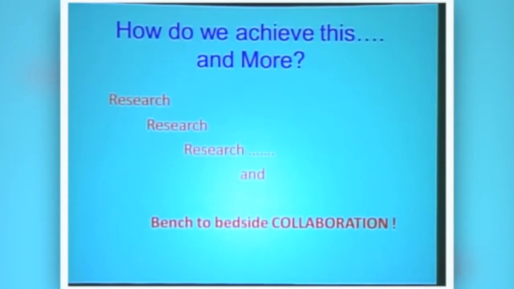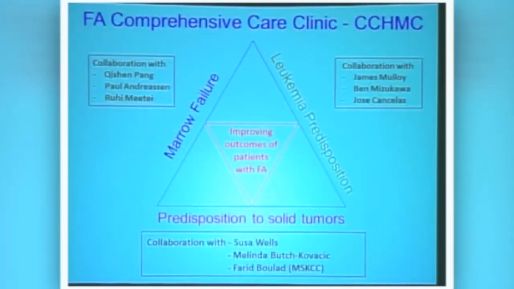That is the key to make any progress in this disease or any disease which is rare like this, where we don't have the registries, we don't have the Children's Oncology Group where we can enroll 1,000 patients.